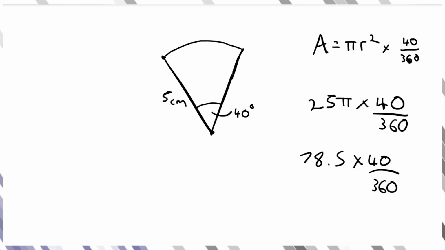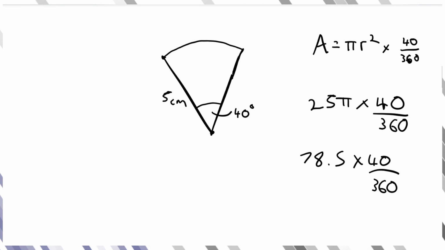There's two different ways we can do that. We could do 40 over 360, whatever number that is. I think it's 0.1 recurring. We could just times 78.5 by that. Or we could do 78.5 times 40, and then whatever that is, divided by 360.